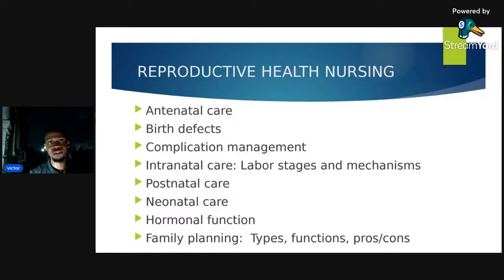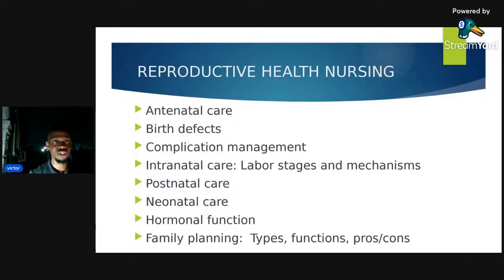Then another form of family planning that we should know about is the IUD, the intrauterine device, and that one lasts for 10 years. So there are majorly two forms of IUD. We have the copper T, the other one is hormonal. I think that's Mirena. That's the name, if I'm not mistaken.